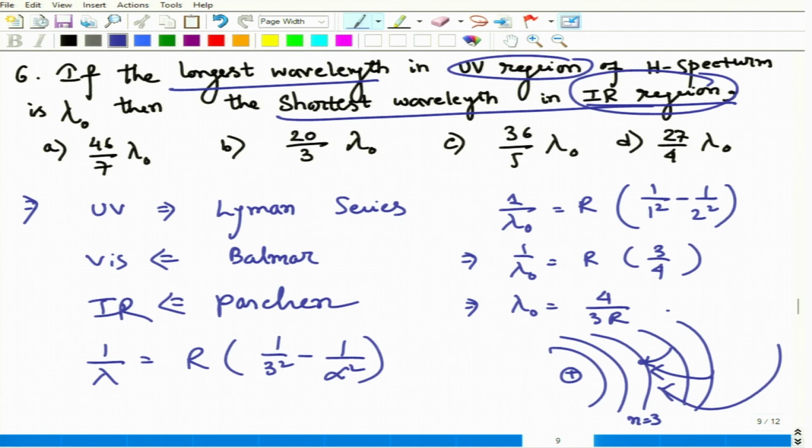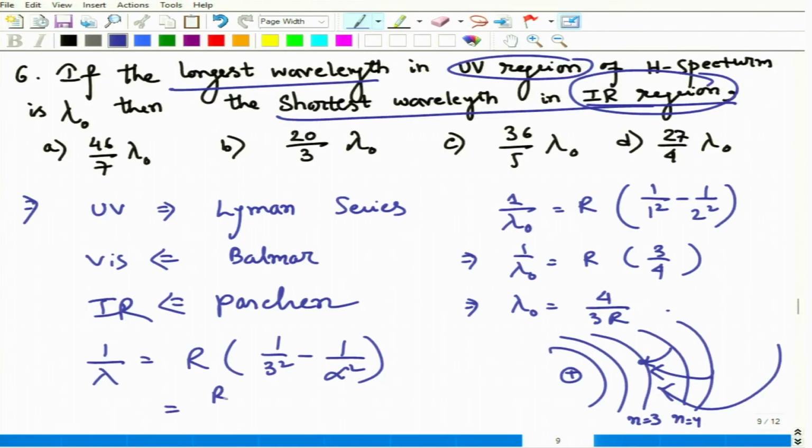You may also ask after that Paschen, Pfund or Brackett, these series also lie in the IR region, but that wavelength will be greater, that energy gap will be shorter. Because let us say coming from infinity to 4 or infinity to 3, obviously the energy gap for infinity to 3 will be larger compared to any other cases. So this should be the shortest wavelength.